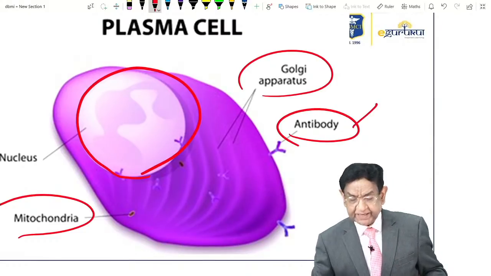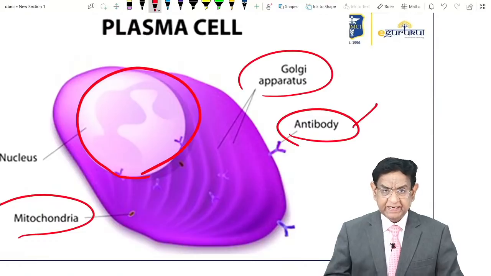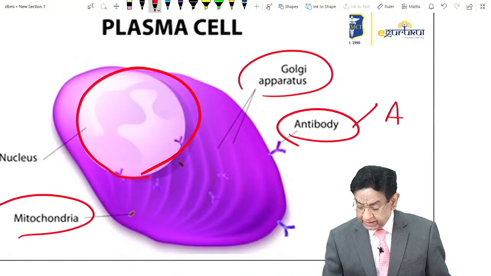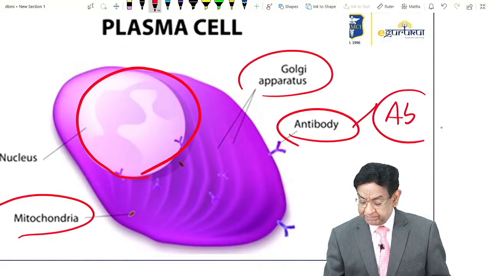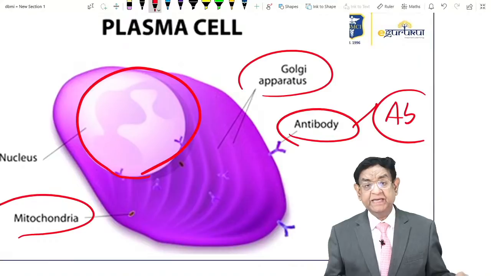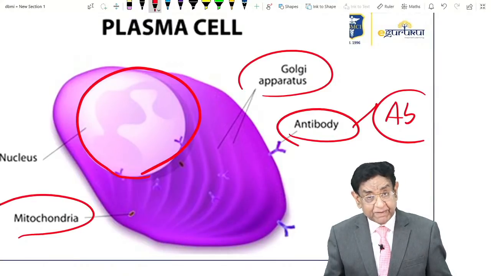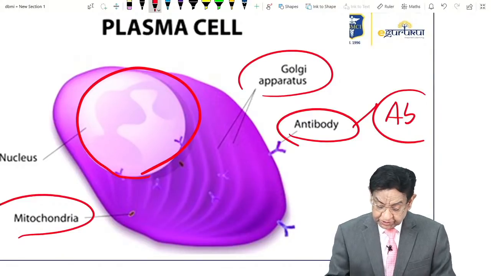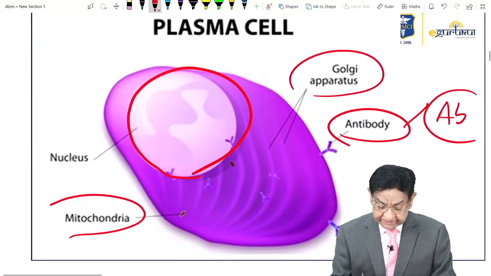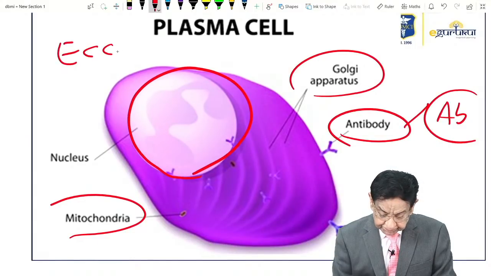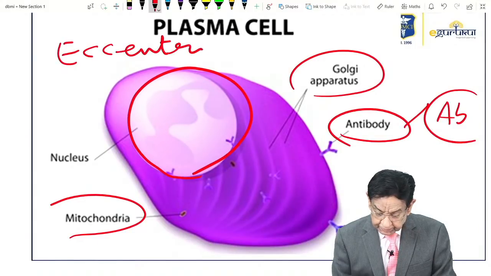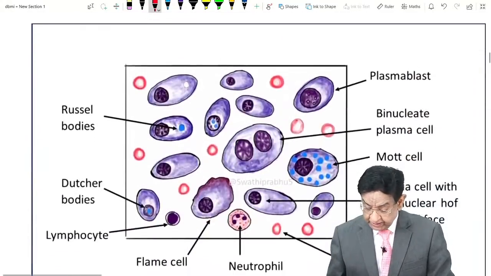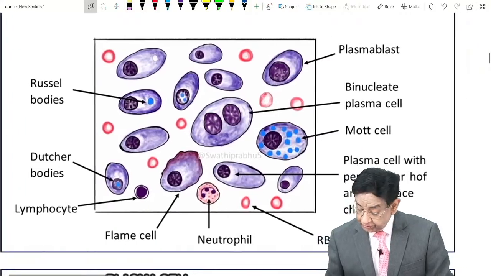This has relevance, as I told you in the previous slide, that these cells produce antibody. Of course, a normal plasma cell will produce normal antibody. If it is multiple myeloma, it is going to produce abnormal antibodies. So what we notice pathologically is the eccentrically placed nucleus at one corner. Look into this. Look into one more.